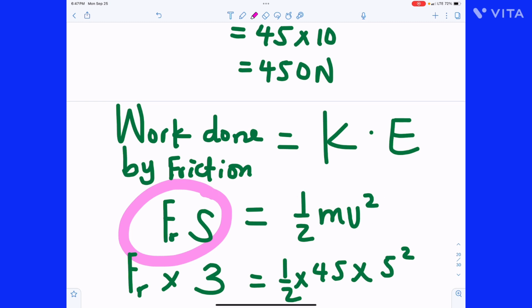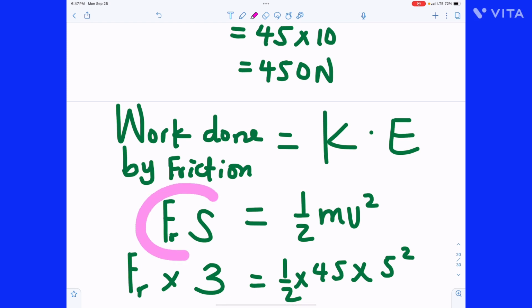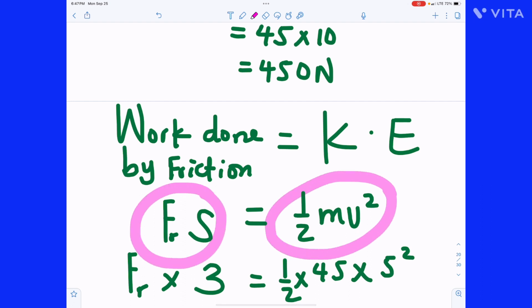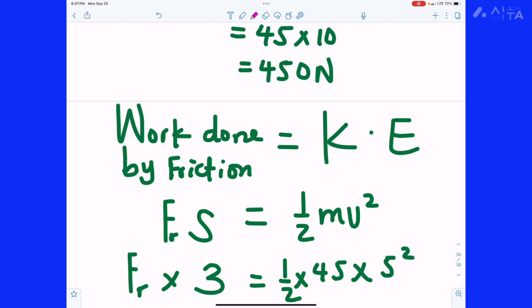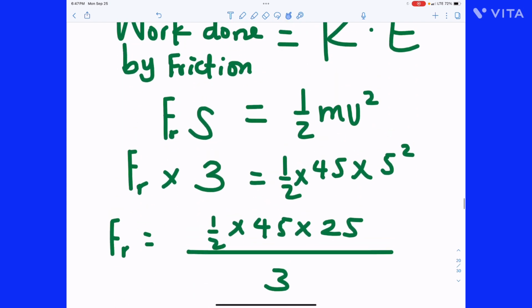So work done by kinetic friction is the kinetic friction times distance traveled by the body, or by the box in this case. So F times S will be equal to the kinetic energy of the box. So the kinetic friction times distance traveled by the box is equal to half mass times velocity squared of the box.